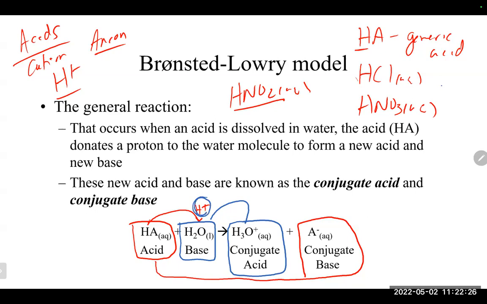So the acid and its conjugate base has one less H plus. And the base and its conjugate acid has one more H plus, and it is the same H plus that is basically transferred in this process. So that's a really important thing to understand: for an acid and conjugate base, or a base and conjugate acid, the absolute only difference between those two should be an H plus.